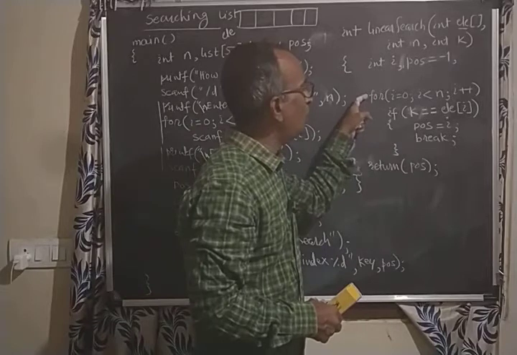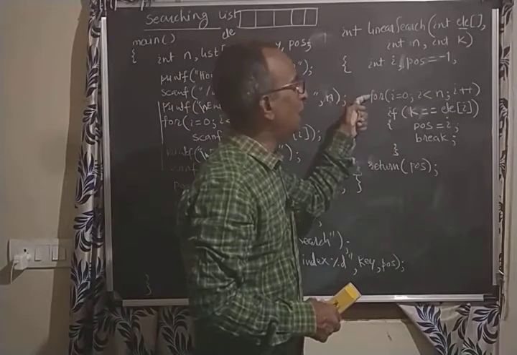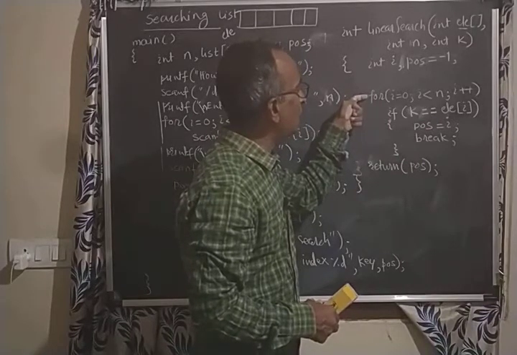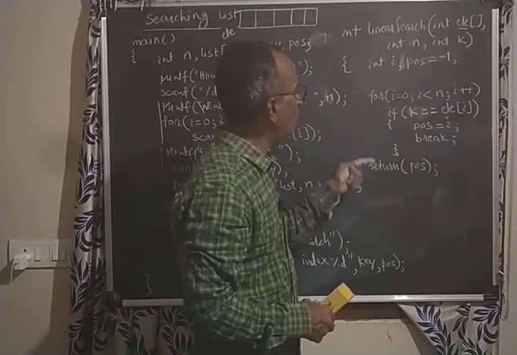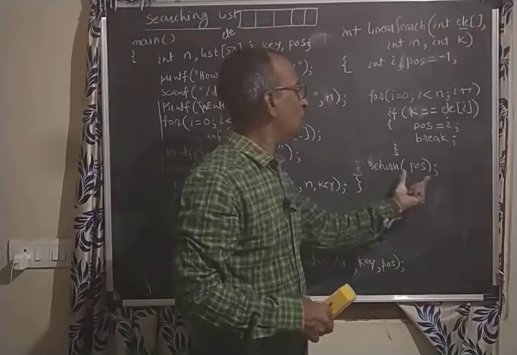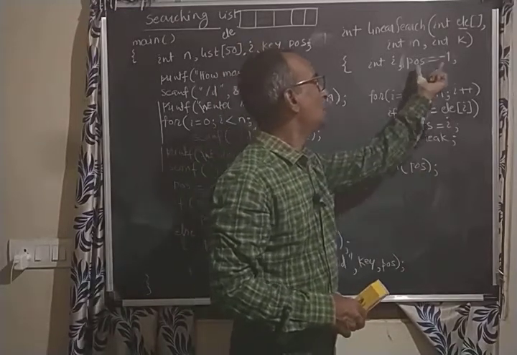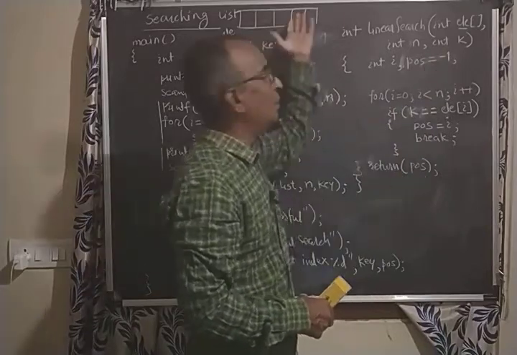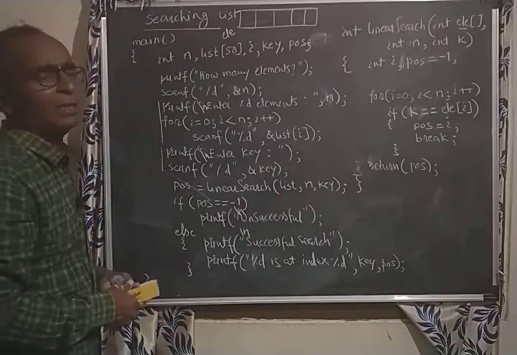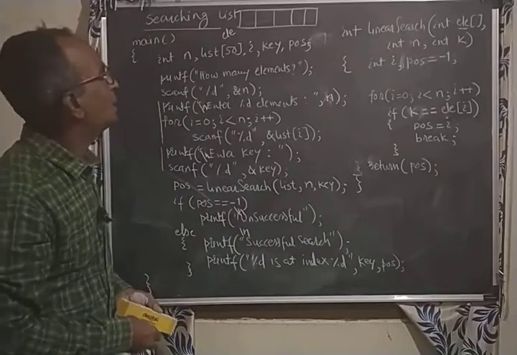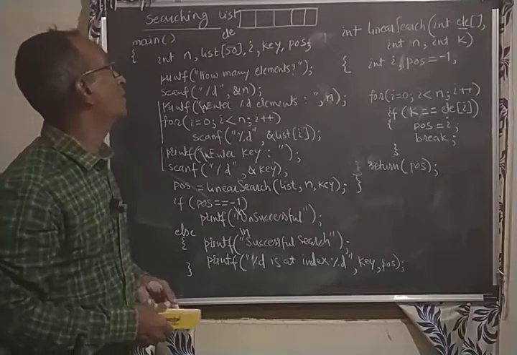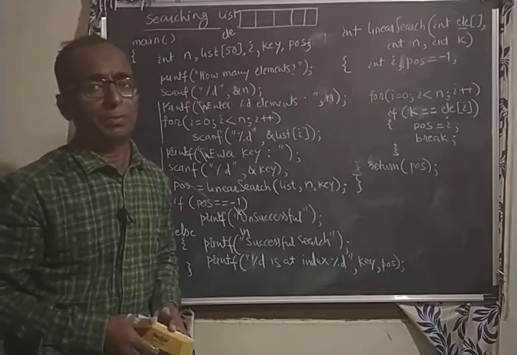So this loop will be exhausted, and all the elements will be compared. After comparing all the elements, it will come out of this loop. Where will it go? It will go to this outside return statement. What is POS? POS is -1. That -1 will be returned. So this depends on how you are implementing it. This is the way we can write your linear search program, right?